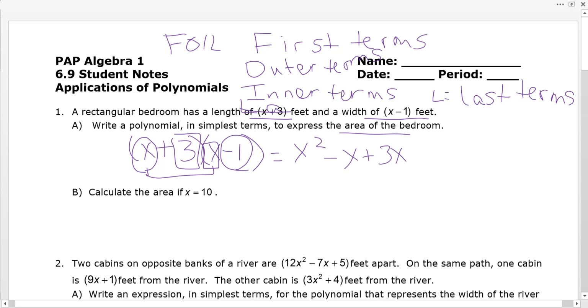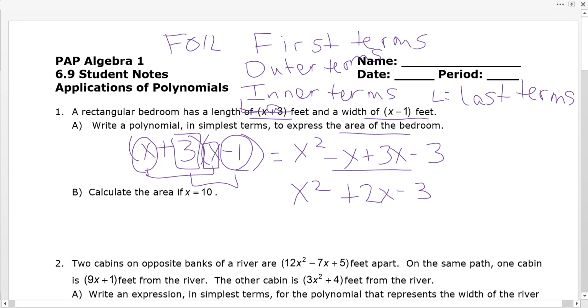And then the last terms are going to be 3 and negative 1, which is going to be minus 3. So same thing that we've been getting for everything else. It's just a way to think of how to match the terms up to make sure you get them all instead of double distributing. So my final answer is going to be x squared, combine those, plus 2x minus 3.